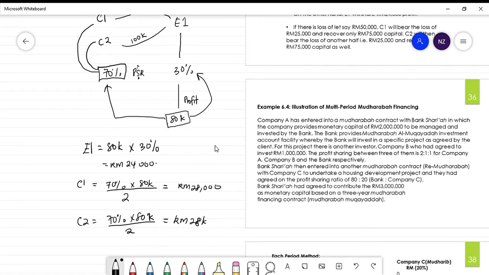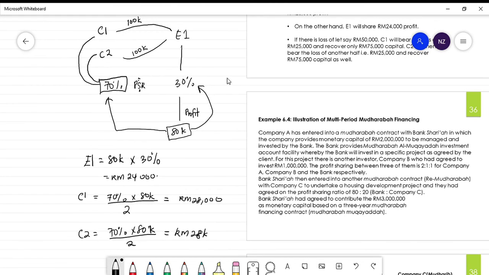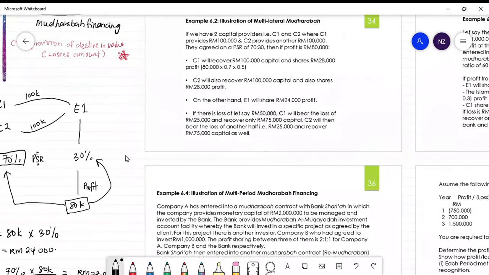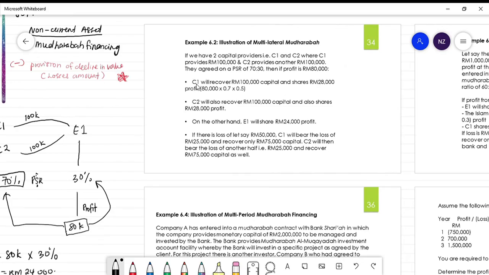So as I said, if there is profit, the capital will not be touched, meaning the capital amount will not be deducted. That's why it says here C1 will recover 100k capital and share 28,000 profit.